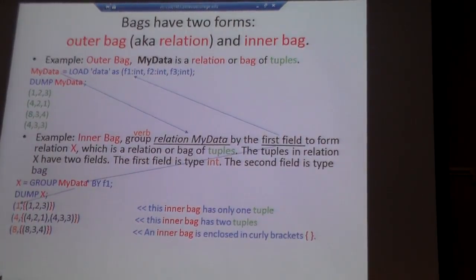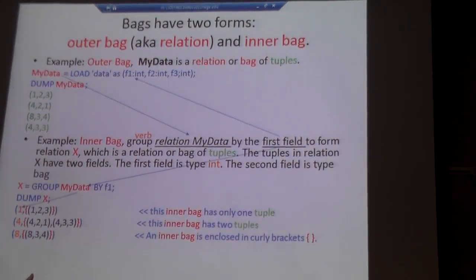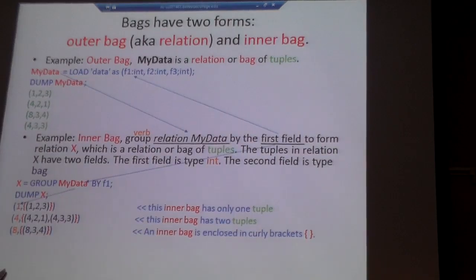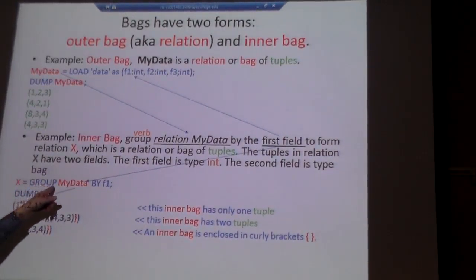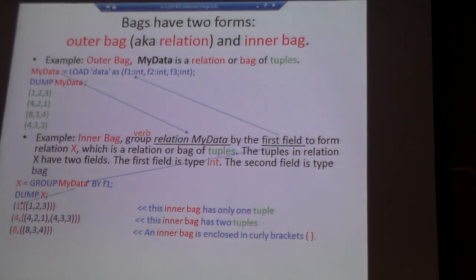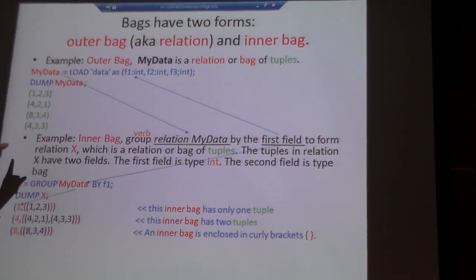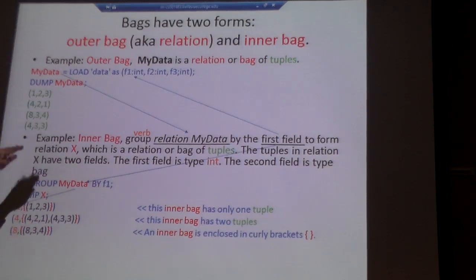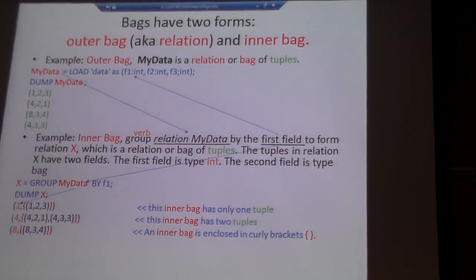The next line can say Z is equal to X transform some way, or the next line could say Z is equal to my data transform, because each of these lines and the data sets they represent, they're still there. It's not like a regular language where you calculate it and then you move on. I've defined my data as that collection of data, and I can use that word my data over and over and over again, and it represents that subset of data in that format. And I can use X over and over again once I've defined it.